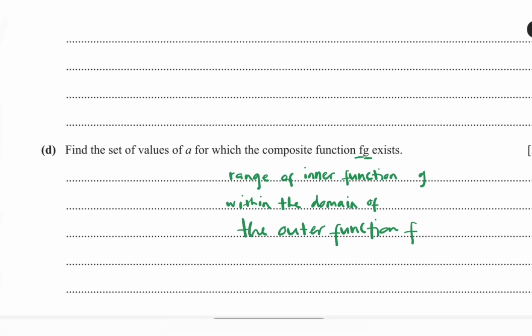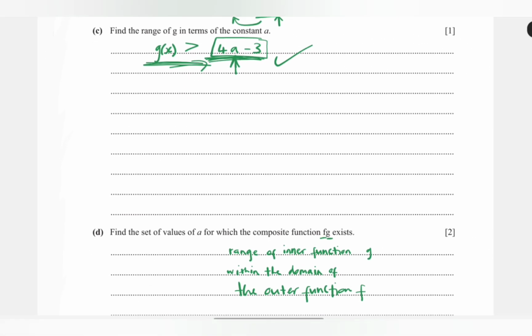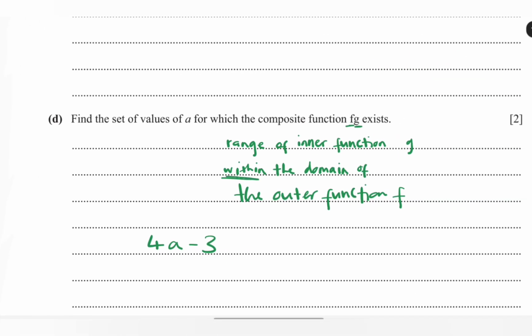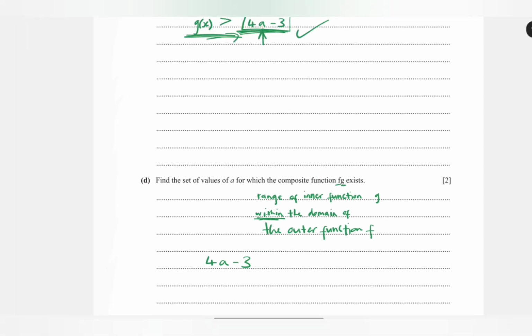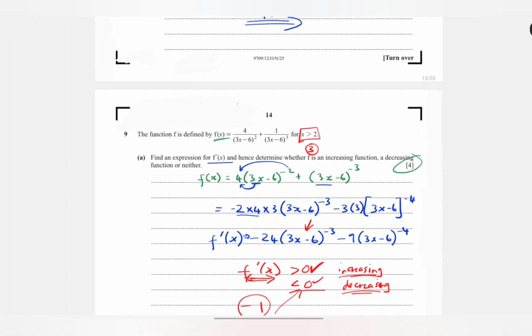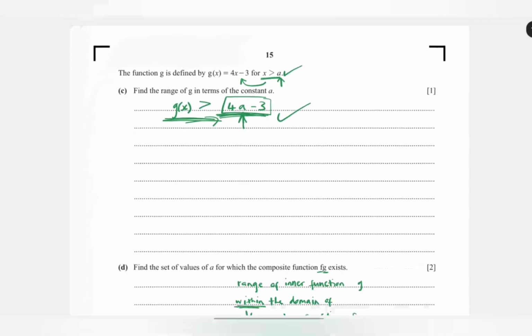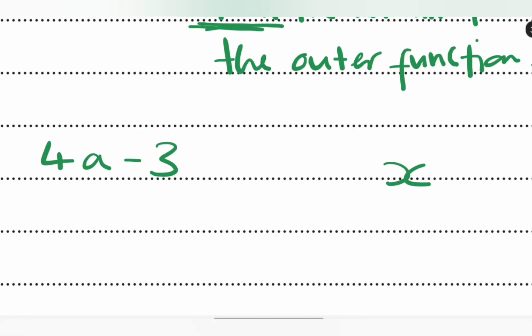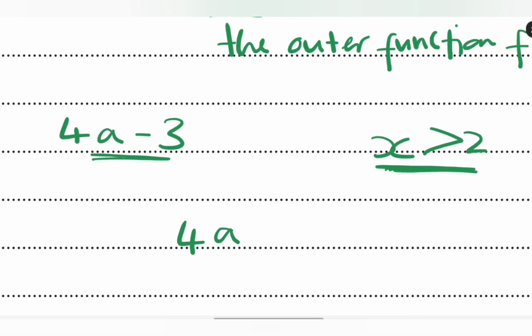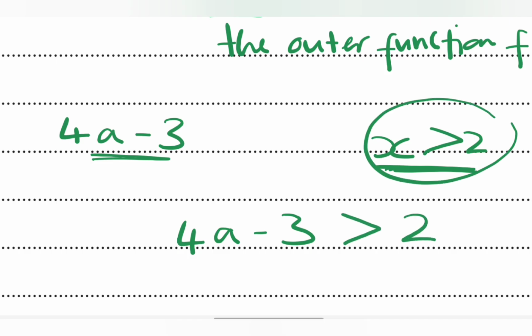And the range of the inner function is this right here, 4a minus 3, and we're saying this should be within the domain of the outer function. The domain of f is given here as x is greater than 2. So this has to be within this, meaning 4a minus 3 should be greater than 2 for it to be within this.